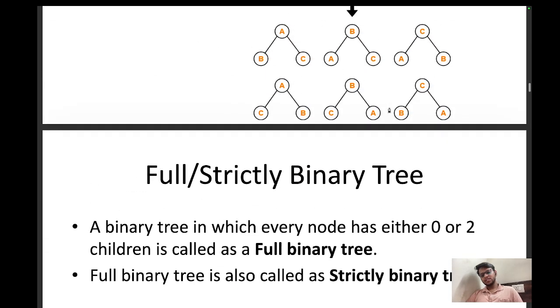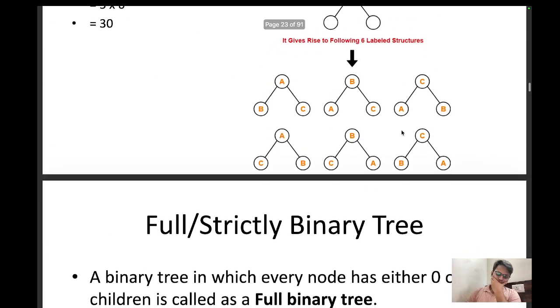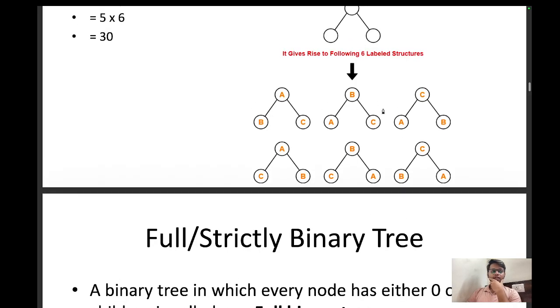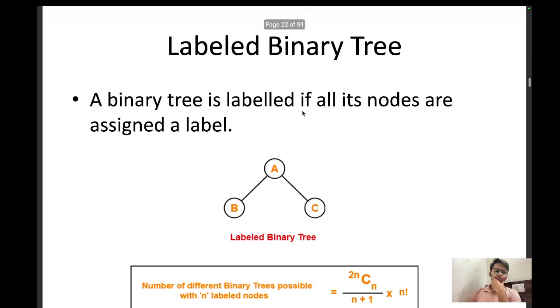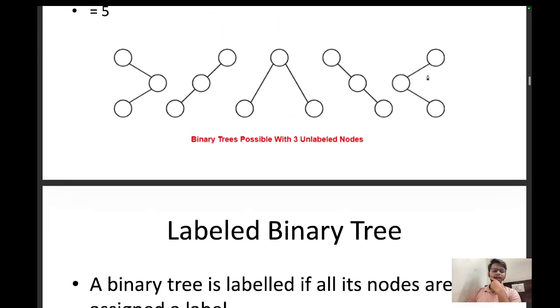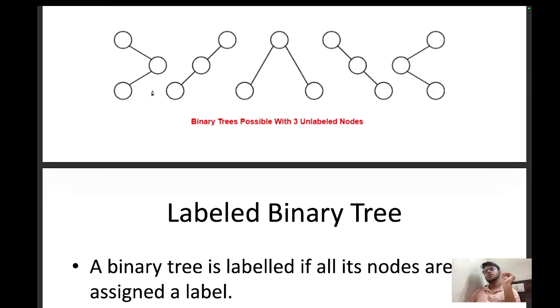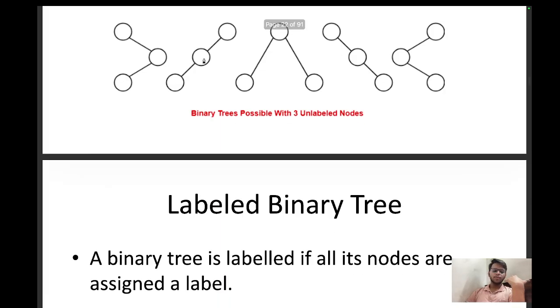Also, I'm suggesting that if you get time, do calculate the degree of these five trees. Calculate the degree of every node and the height of every node, just these two things: height and degree of every node. Calculate it and keep it with you, because it is for your benefit only.